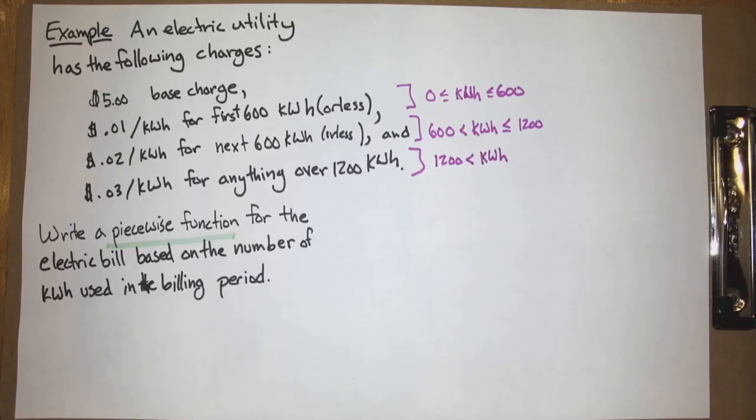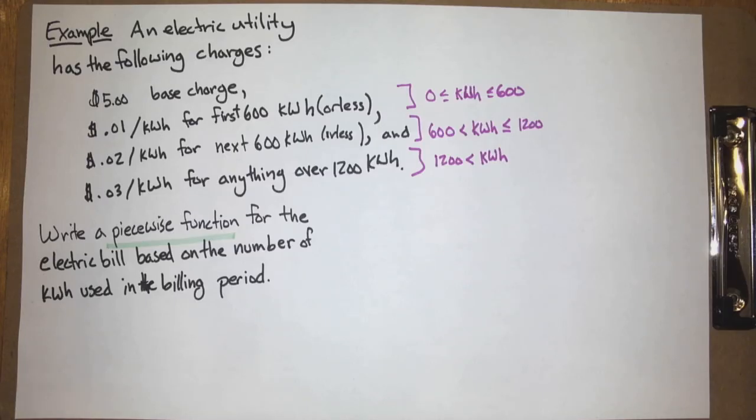So we're going to have to think about what happens in each one of our pieces. Now, we should come up with some convenient names. So there's the input, which is number of kilowatt hours. There's the output, which is your bill. So let's come up with names for these things. So I want symbols, preferably something short. What do you want to represent the number of kilowatt hours?